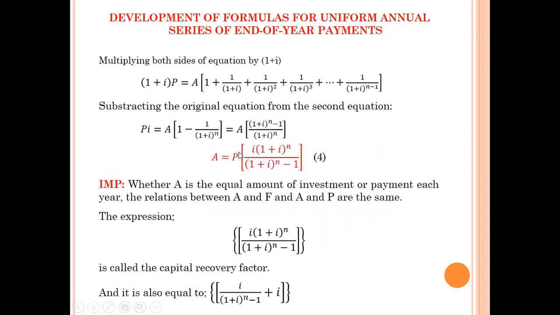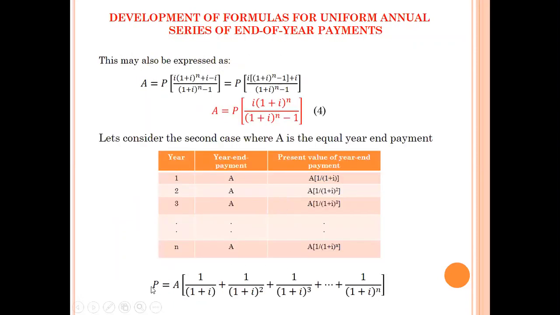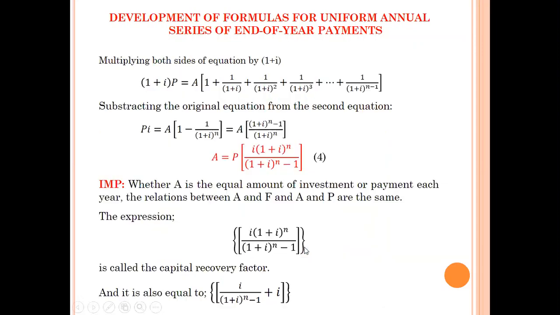And in the end, if I multiply both sides by 1 plus i, what will happen? In this part, it will be 1 plus i times P. It will be equal to A times 1 plus 1 over 1 plus i plus 1 over 1 plus i to the second power.